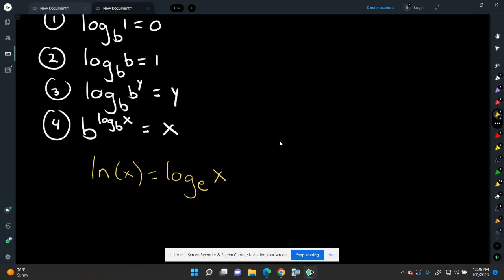E is our natural base. So when we say log base e, that's actually natural log. We don't typically say log base e. Log base e is what we call the natural log. Okay?